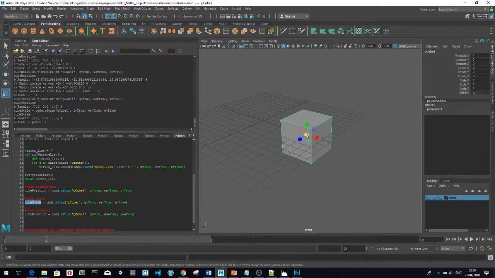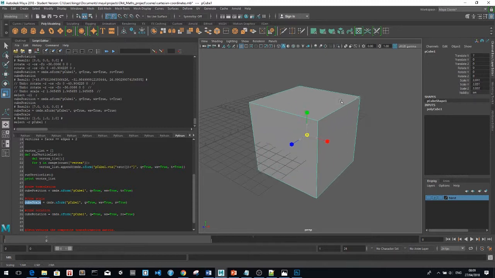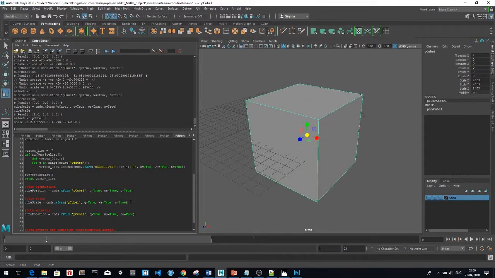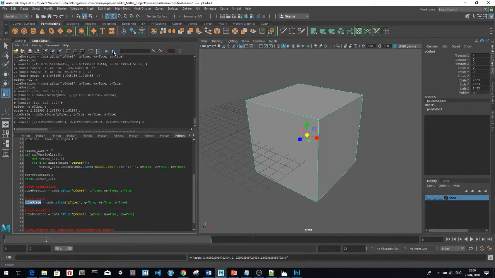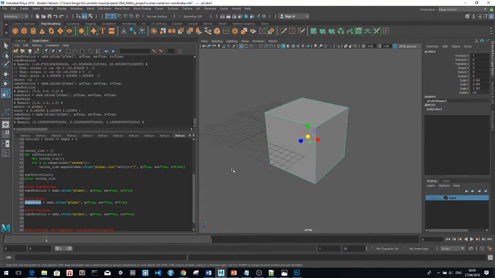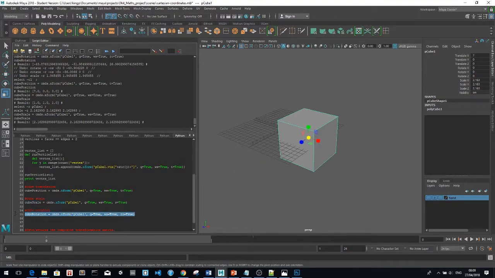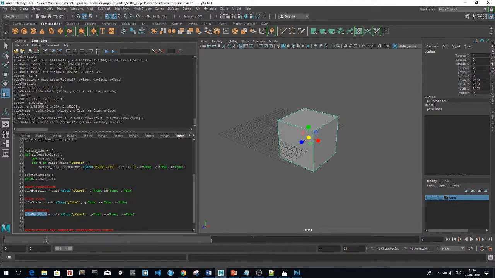So if we scale it out by some factor and run the script again, you see our values in decimal. We can do rotation. We can query the cube's rotation.